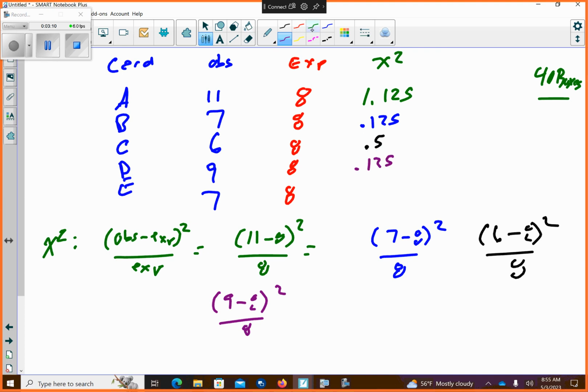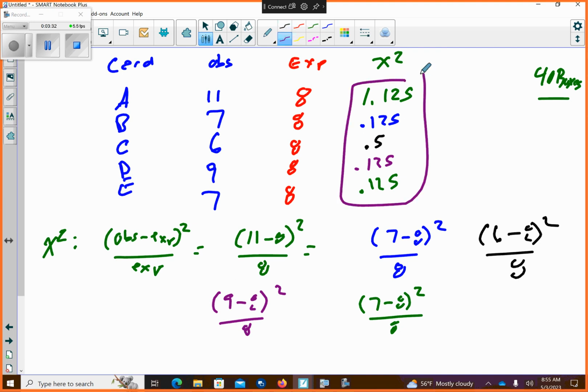And then the last one is going to be, I observed I got 7. I expected 8 quantity squared divided by 8. So that's going to give me negative 1 squared is 1. 1 divided by 8 is 0.125. Okay, so once you get to this point, does everyone feel comfortable with how I just got all those using the equation?